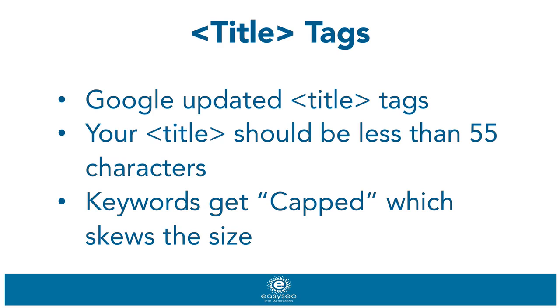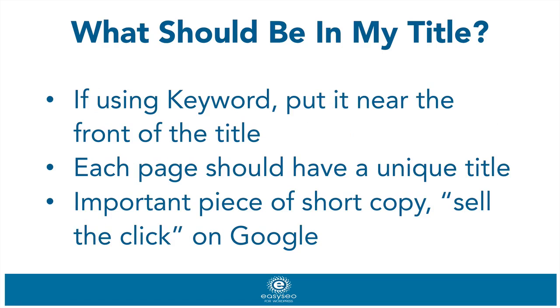And keywords get capitalized, so you'll see the capitalization of the keywords that you're searching for, and that skews the size. So if you go over the 55 characters, you could potentially push off some of the text on your title tags. So you really want to keep that to 55 characters or less.